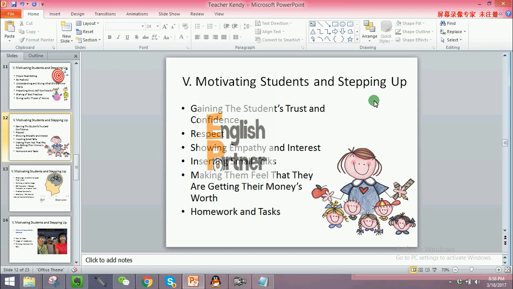If a teacher has these characteristics, she can surely gain her students' loyalty and trust. And of course, I also give them homework and some tasks to do, something that we can look forward to and talk about in our next class.